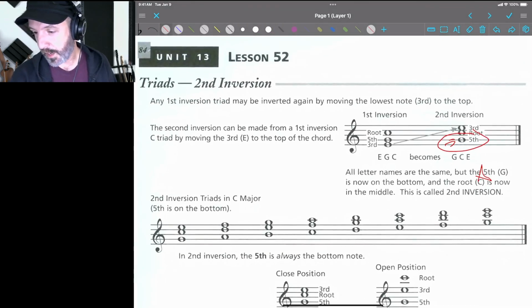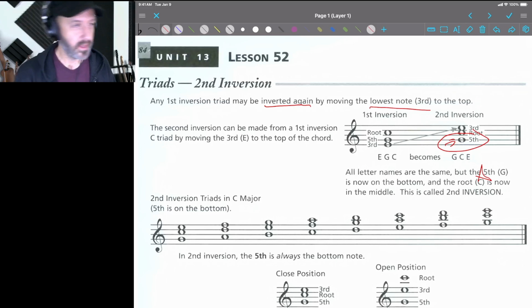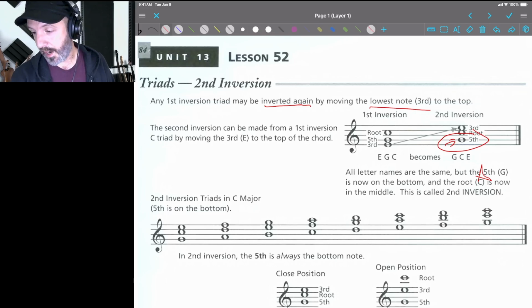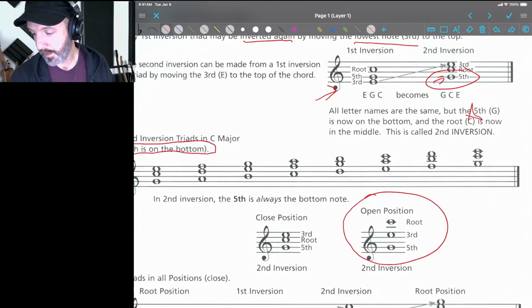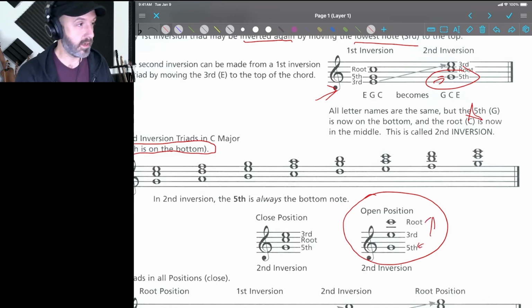Let's see if there's any vocabulary here. Any first inversion may be inverted again, moving the lowest note to the top. Yes, that is where the idea comes from. But in practice, it's always about what the bottom note is. It's all about what the lowest note is. Anything that happens above it is fair game.